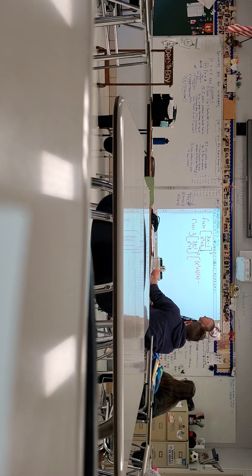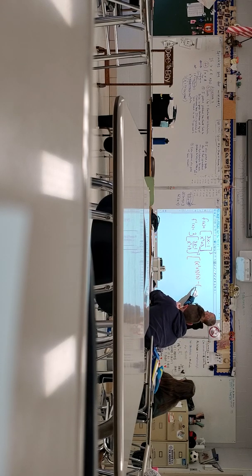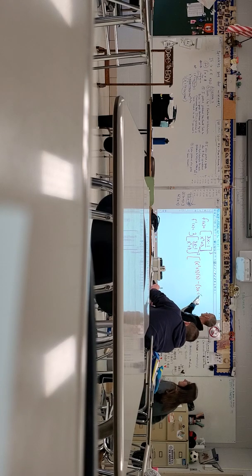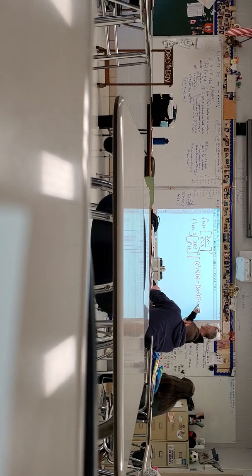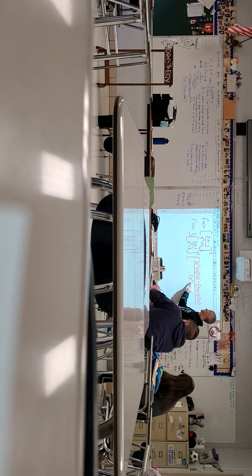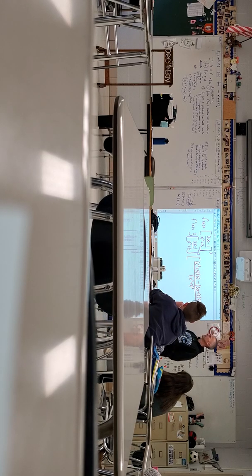Minus high d low: the high, 3x minus 1, your numerator, times the derivative of the bottom, which is 2x. Divided by low squared, which is x squared plus 3 squared, our denominator squared.